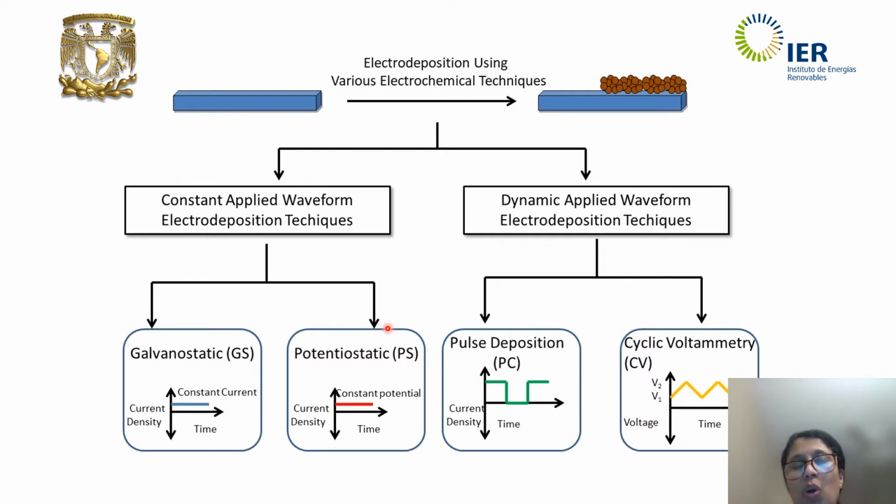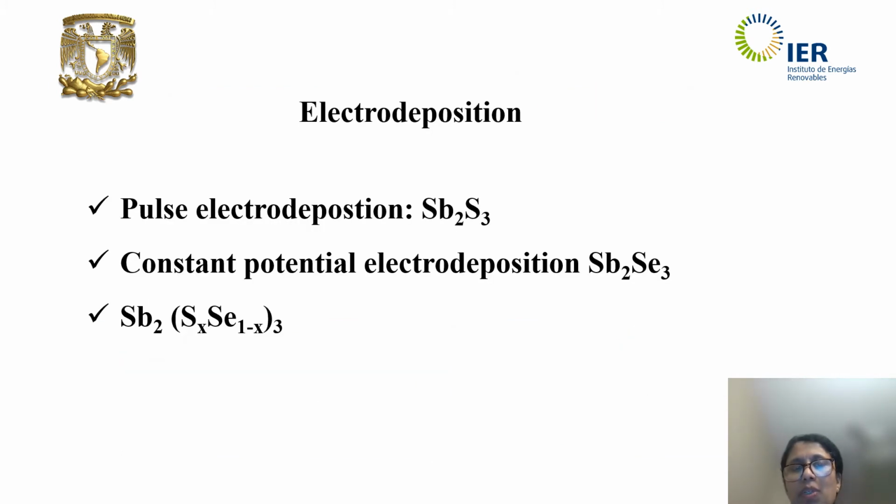A constant waveform can be a constant current or a constant potential, and a dynamic one can be pulses, like pulsed deposition, or cyclic voltammetry, changing the voltages. Different techniques can be used.